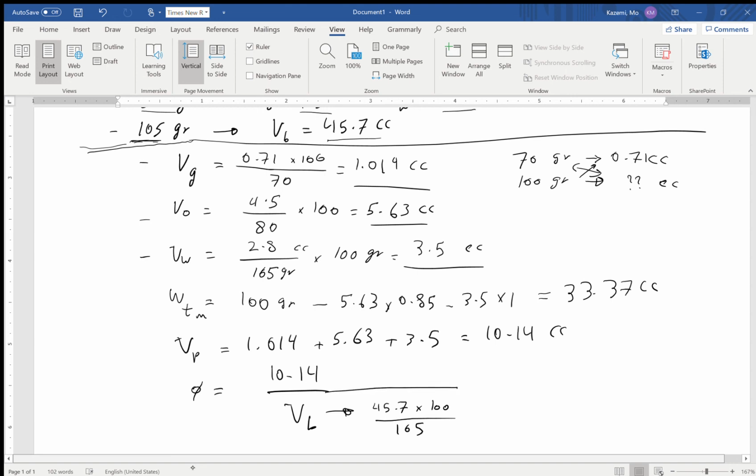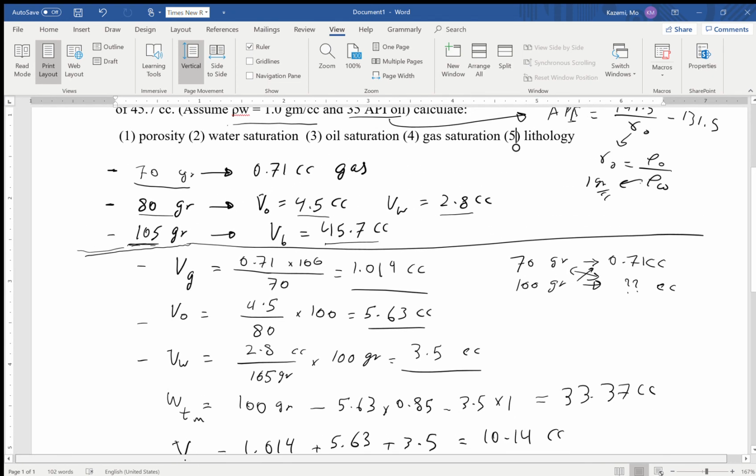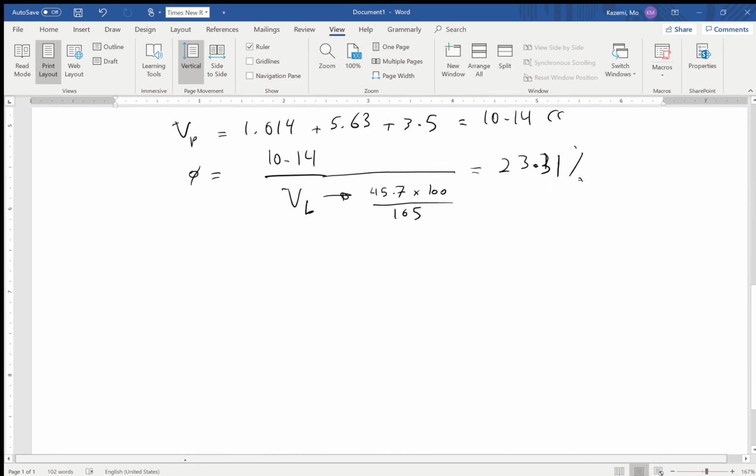Make sure you don't mix it up. This is for 100. You have to use this reference. You can't just combine all these with different weights. So that results in 23.31% porosity. So that's the first part that we have to solve.